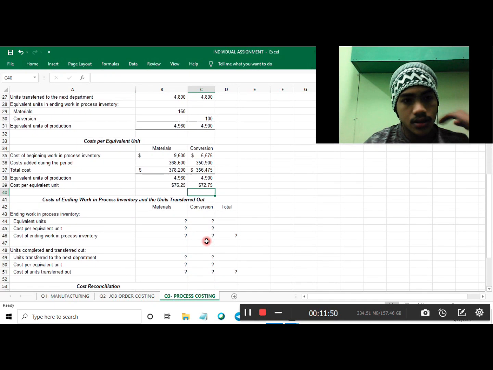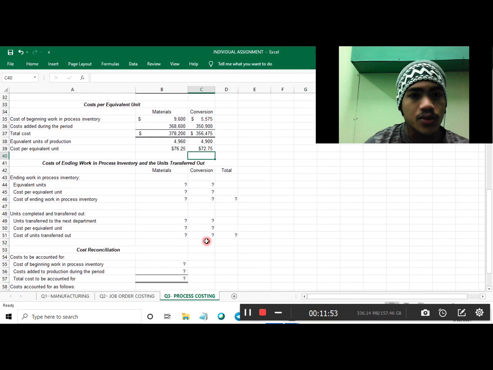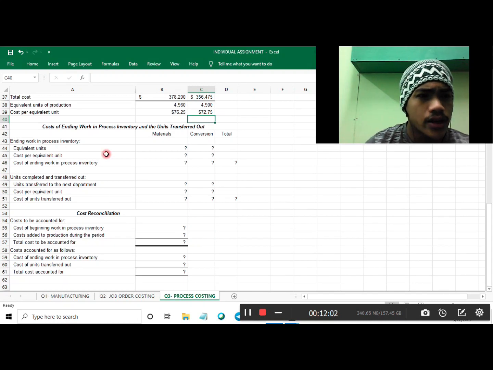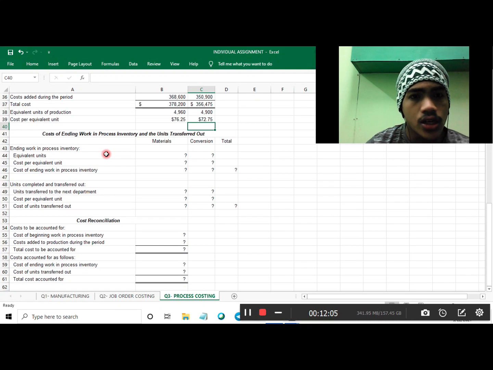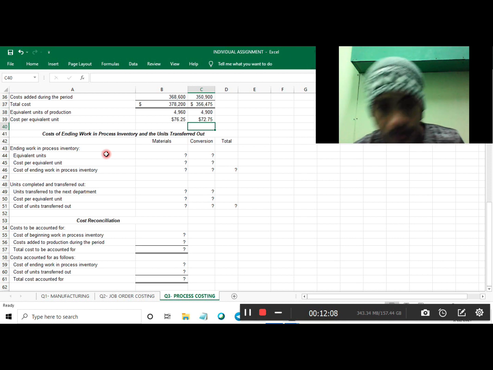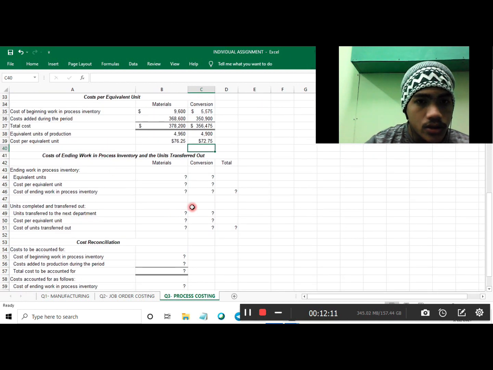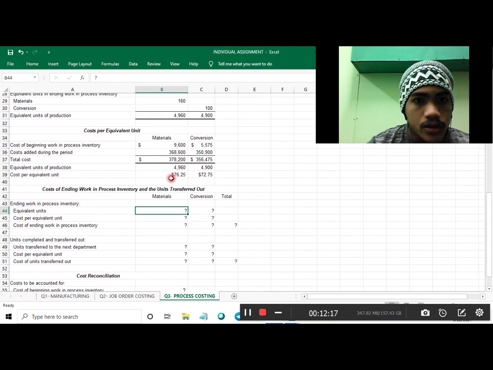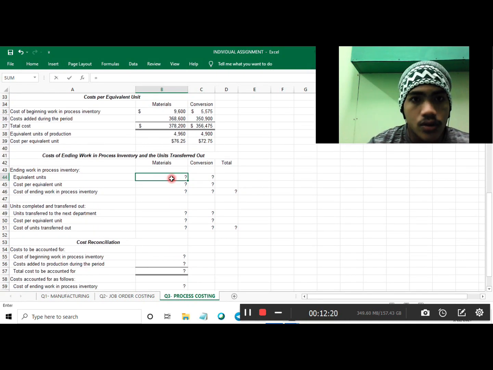So for the next, cost of ending work in process inventory and the units transferred out. For ending work in process inventory, equivalent unit, we just take from what we calculated before. For material, 116.